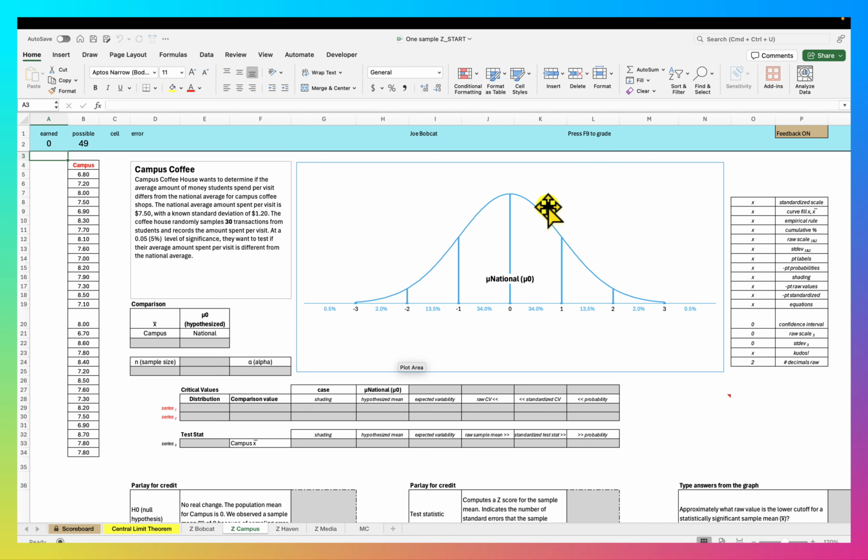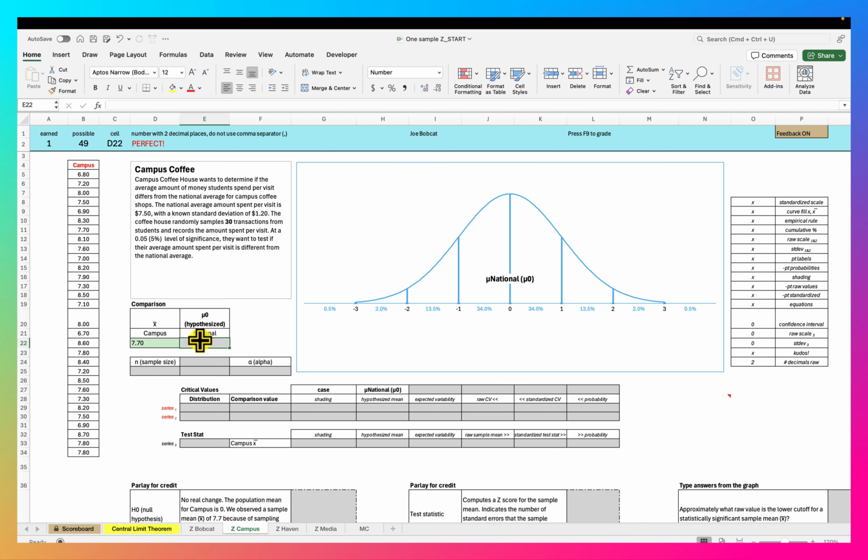Okay, so here's the sample, and we're going to first set up our comparison. So we're looking for X bar, which is the sample mean for this particular sample that was taken from campus coffee. So that equals average. And so their average from that sample is 770.